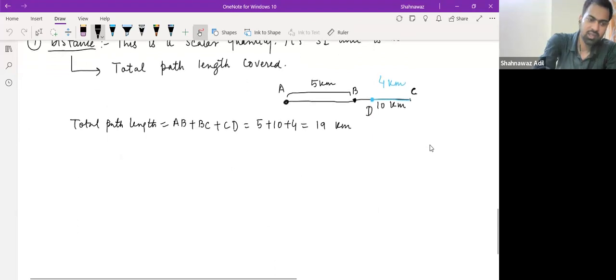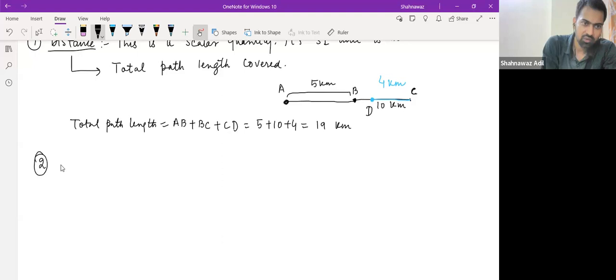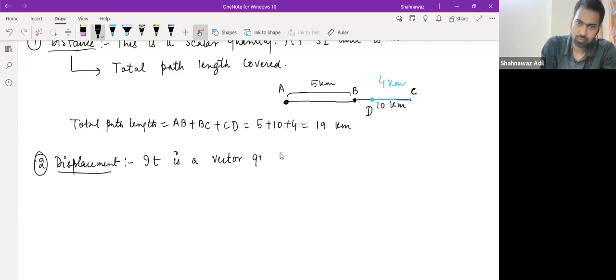And then you have this second physical quantity, which is called the displacement. This displacement is a vector quantity, and its SI unit is also the same, meter.